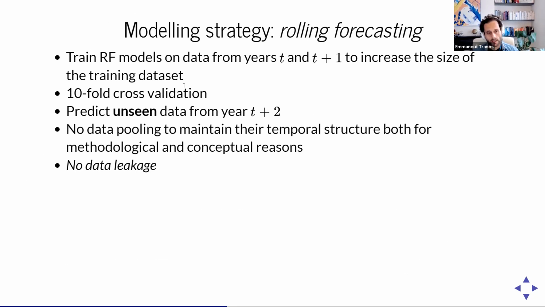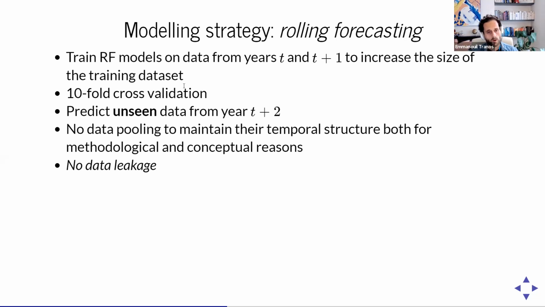So what we're doing here is to train our models using data from years t and t+1 in order to increase the size of the training data set, introduce a tenfold cross-validation, and then use this trained model to predict unseen data from year t+2.